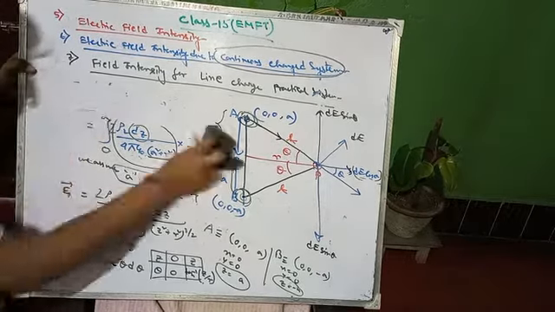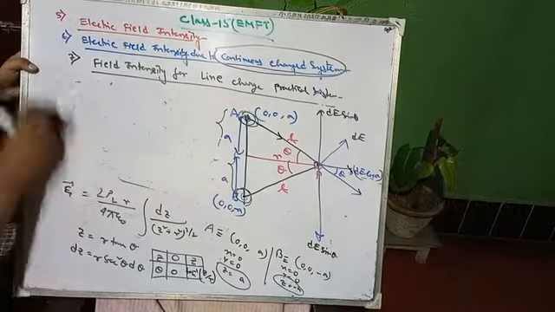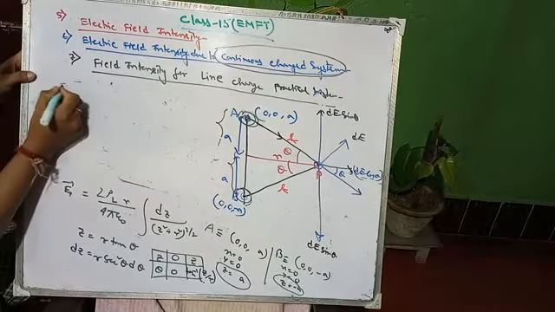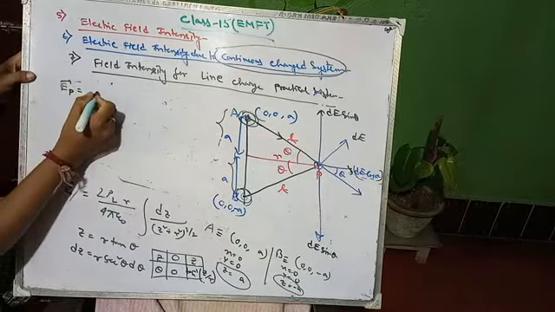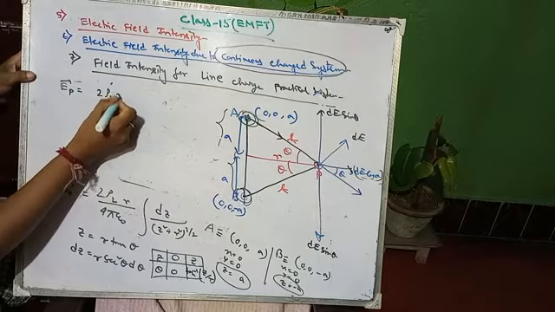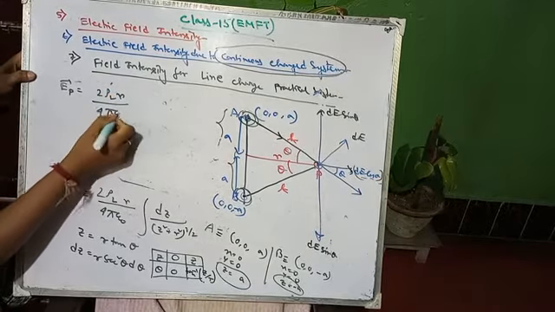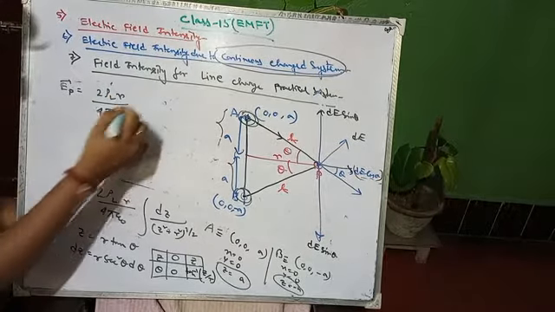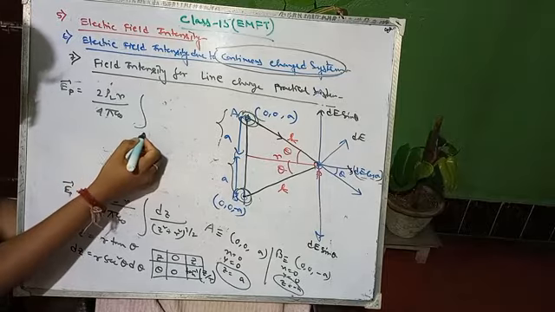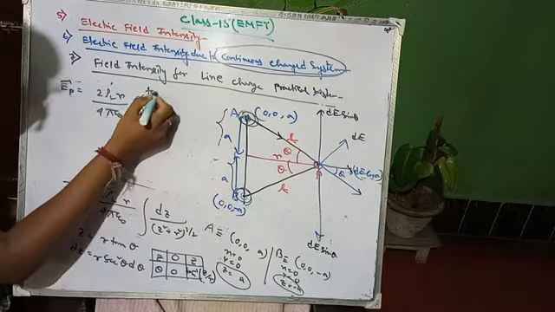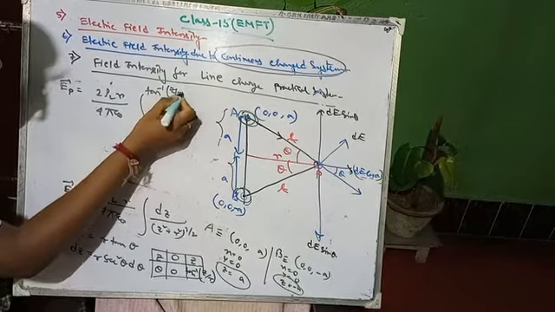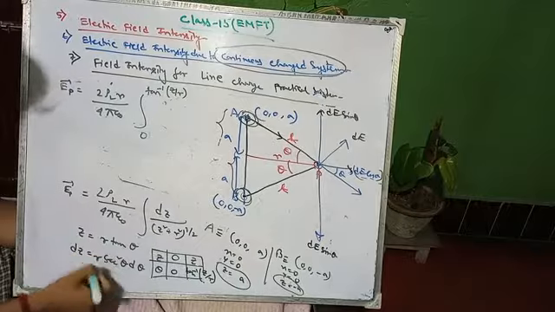After changing the limit, E of P will be equal to 2 rho l r by 4 pi epsilon naught, integration from 0 to tan inverse z by r, and writing over here cos theta dz.